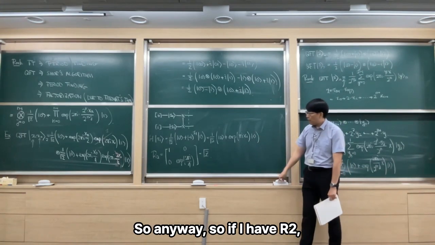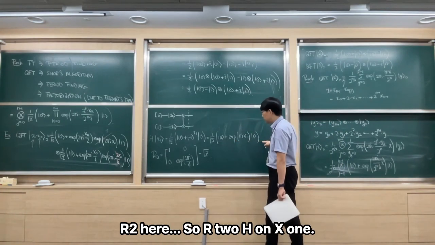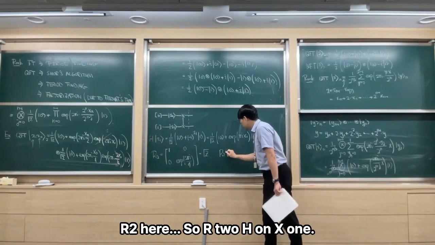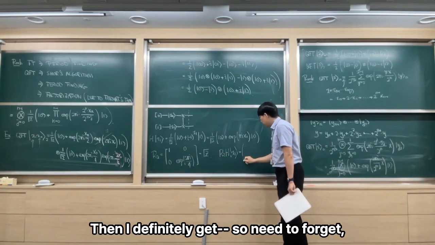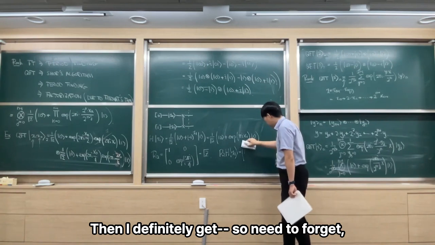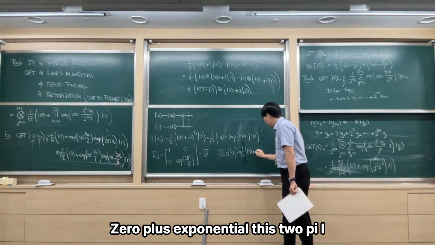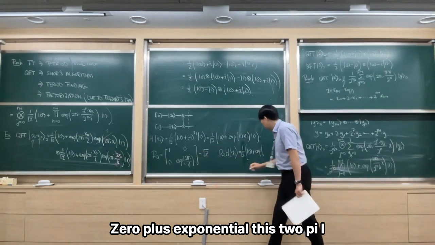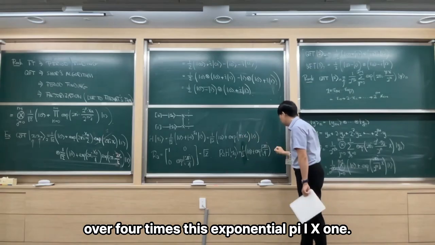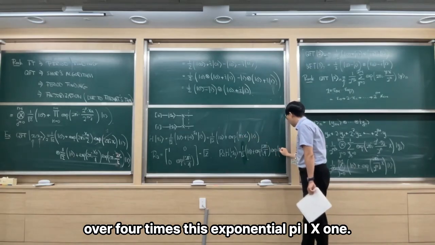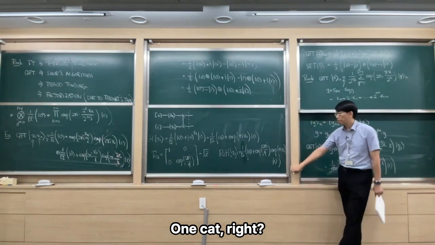So anyway, if I apply R2 here, R2 H on x1, then I definitely get, I cannot forget the 1 over square root 2 here, 0 plus exponential 2 pi i over 4 times this exponential pi i x1, 1 ket, right?